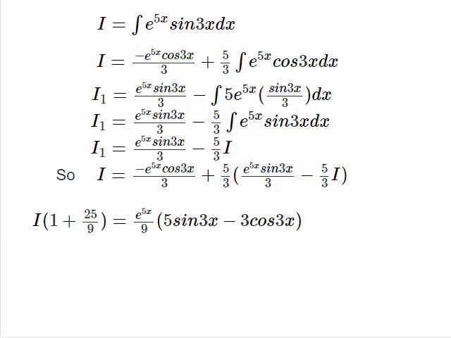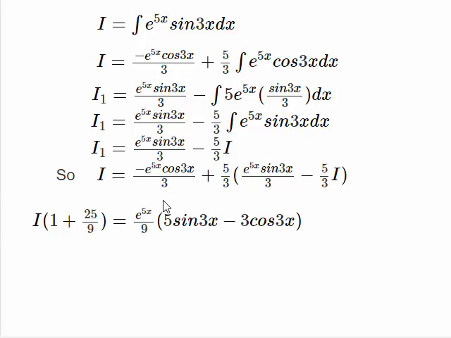And that is equal to, now let's simplify the right hand side a little bit. I've got e to the 5x in the cos term and e to the 5x in the sine term. I've got a 3 here and a 3 here, but I've also got a 3 here. So what I'm going to do is take e to the 5x over 9 outside a bracket.